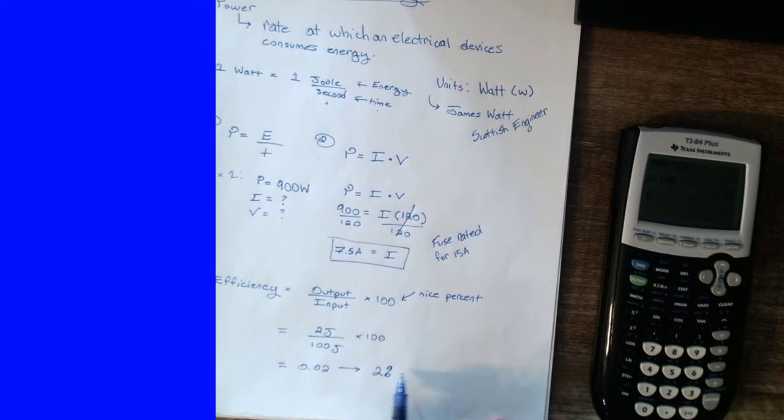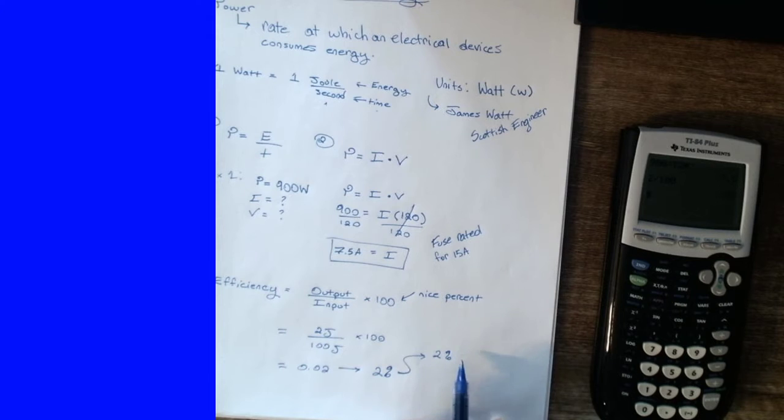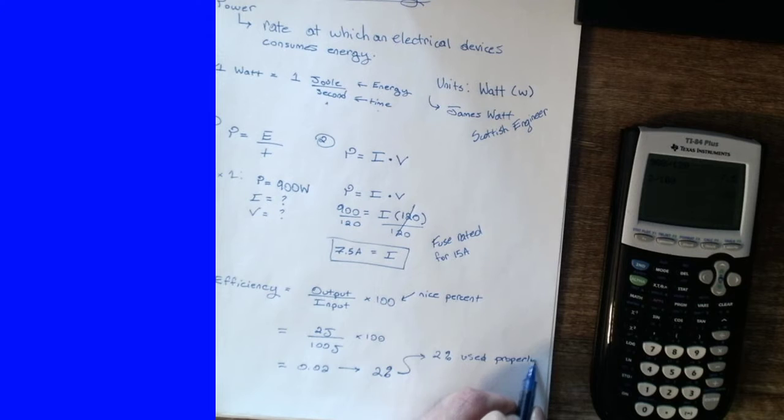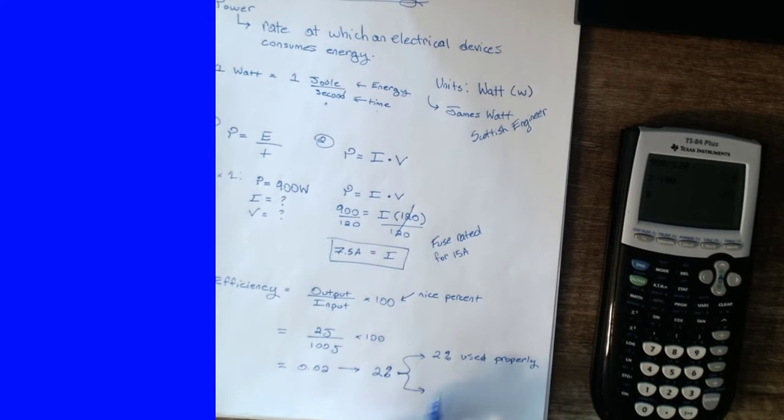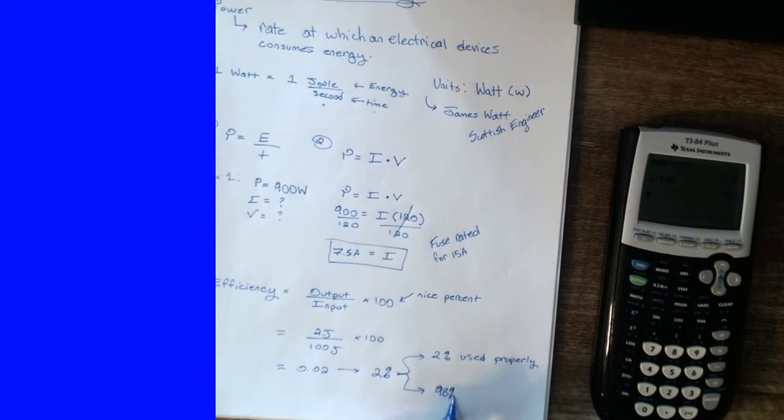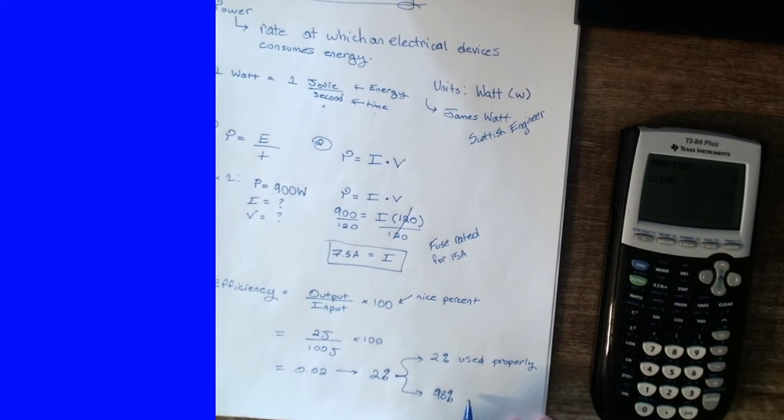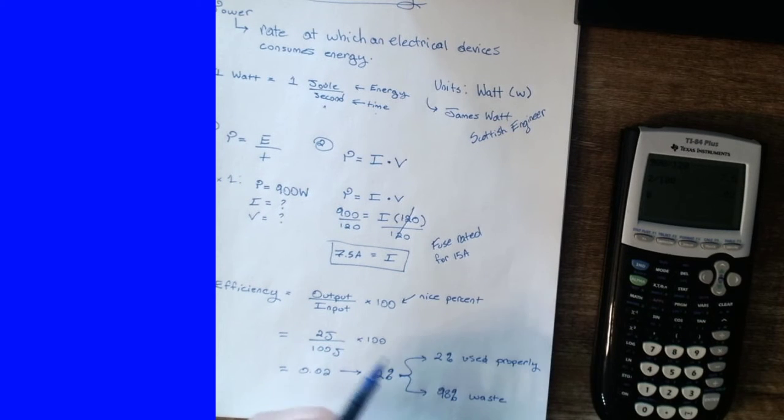So 2% is used for what you want, used properly. And then the other 98% would be referred to as waste. It was not converted into what you needed it to be converted into.